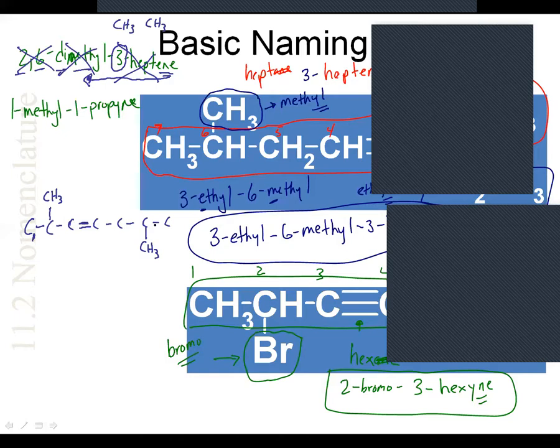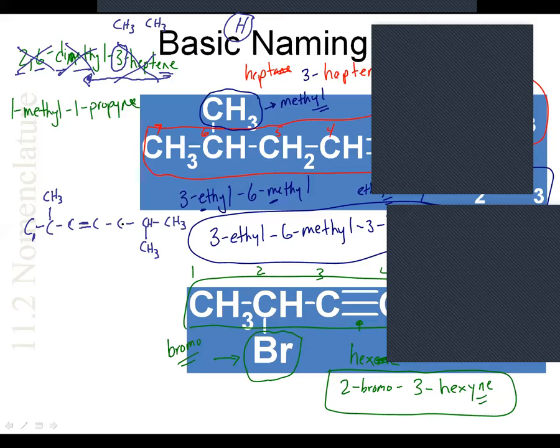So if you remember, when we're done putting all the groups and everything attached, everything else is going to be hydrogens. Everything else will be hydrogens until each of the carbons ends up with only 4 bonds. So you could do it by counting how many lines are coming into the carbon. This carbon has 1 line coming in, which means it needs 3 hydrogens. The carbon next to it, going from right to left, has 3 lines coming in, which means it only needs 1 hydrogen squeezed in there.